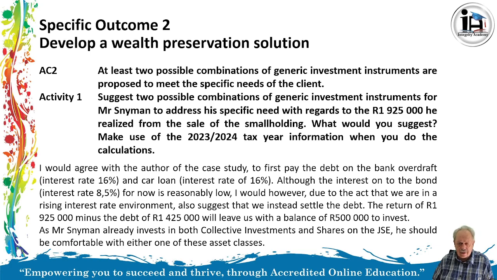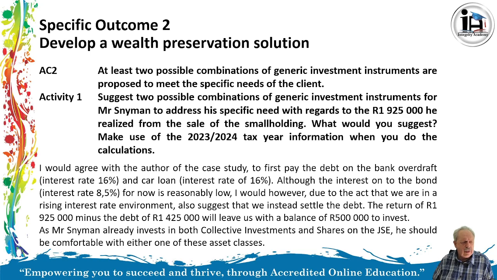What would you suggest? Make use of the 2023-2024 tax year information when you do your calculation. So you now need to go and look at the case study and answer this specific activity to earn the marks.